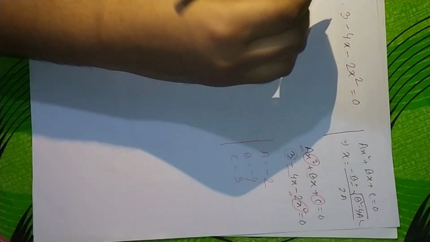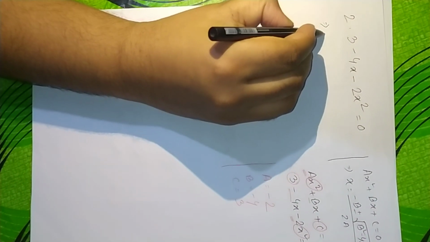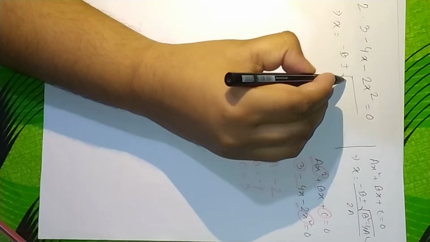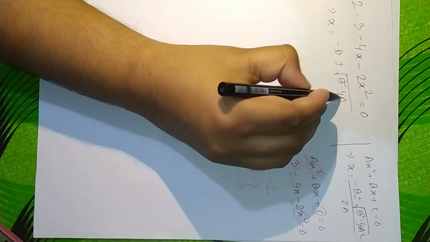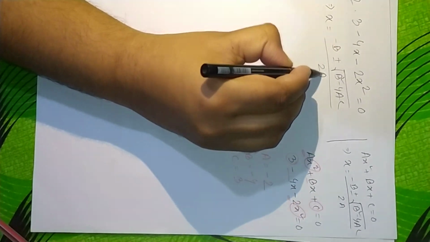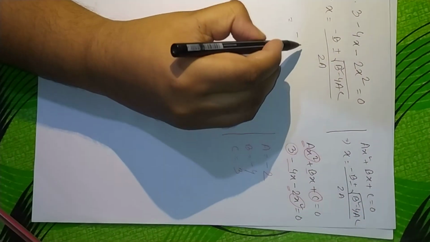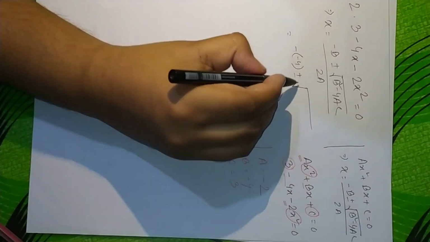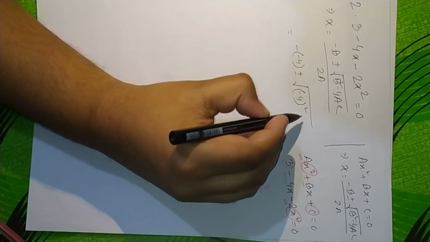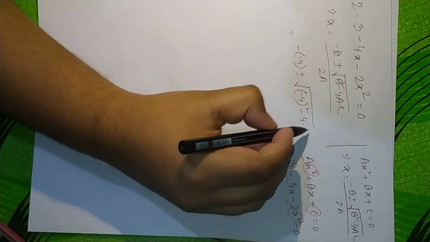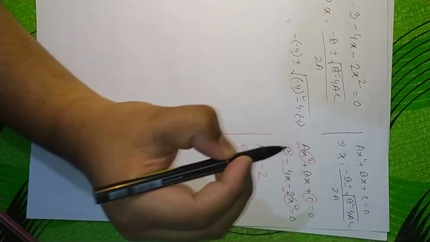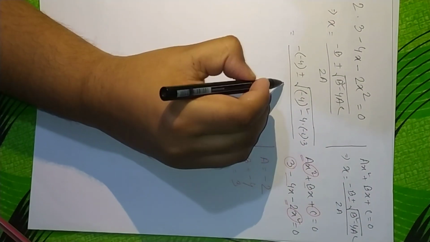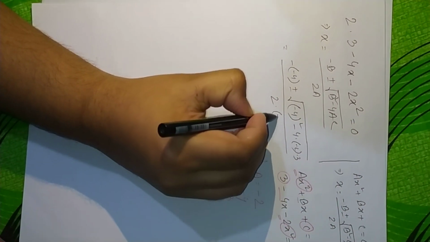Now, our formula was x equals minus b plus minus root over b square minus 4ac, whole divided by 2a. Minus b, that is minus 4, plus minus root over b square, that is minus 4 whole square, minus 4 into a into c, divided by 2 into a.